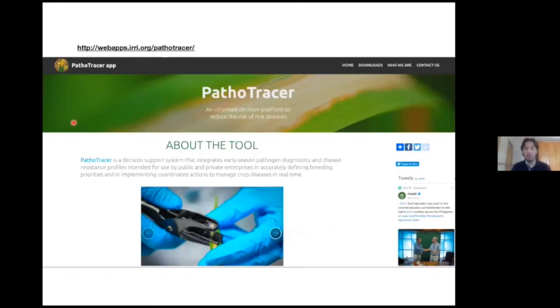So we created this tool called Pathotracer, a very simple and very friendly platform that allows decision making on diseases.